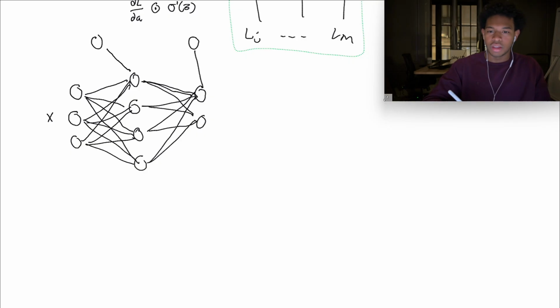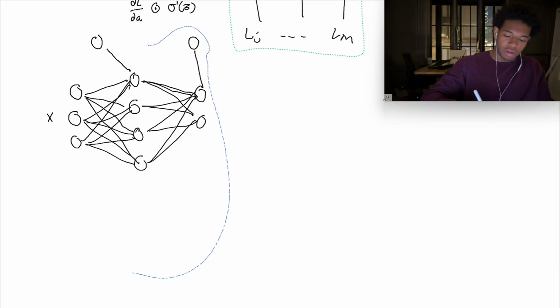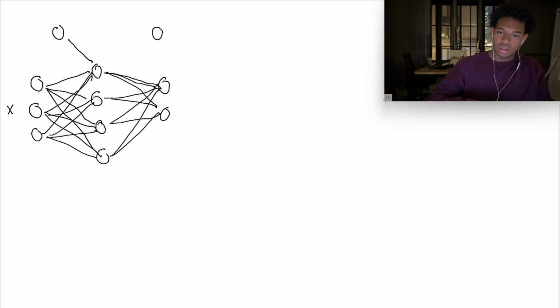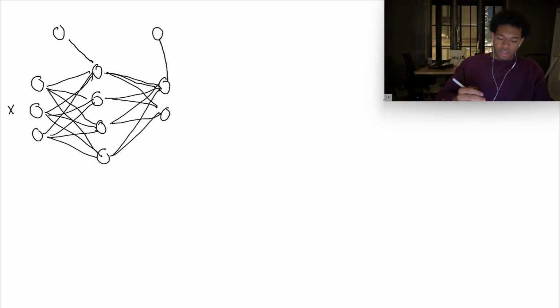I think that's how we did it in my elementary applied linear algebra class. Oh, where'd the line go? Sure. So this is X, this is H, this is B1, B2, and then this is A?